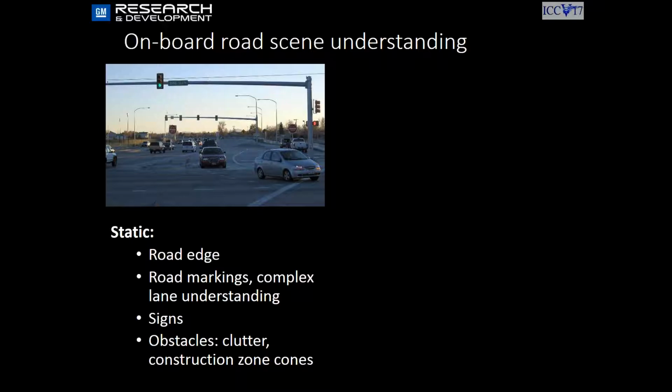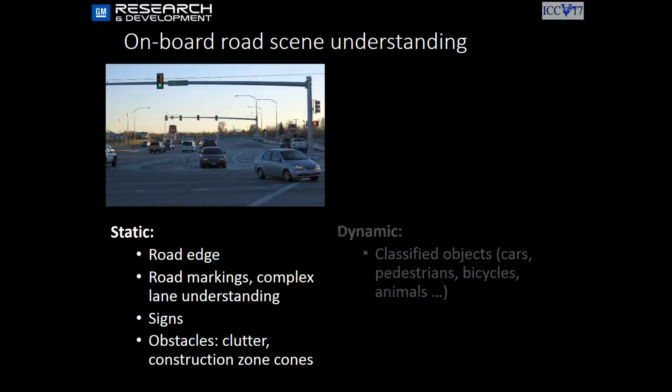I'm not talking now about bringing information from HD maps, but only about the onboard scene understanding, which comes from perception, signs, and then there are all kinds of obstacles such as clutter, construction zone cones, and so on.